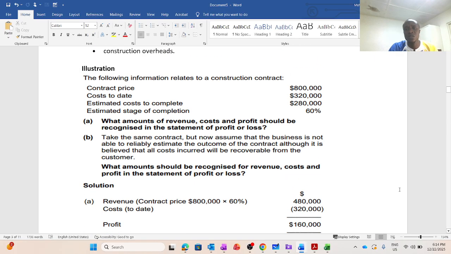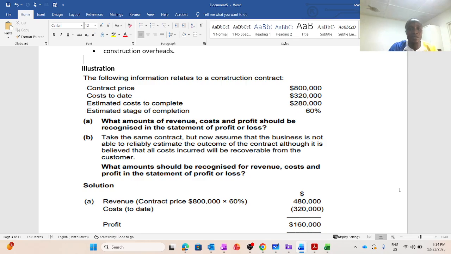So now we are going to look at an illustration just to loosen up. The following information relates to a construction contract. Contract price, $800,000. Cost to date, $320,000. Estimated cost to complete, 280.